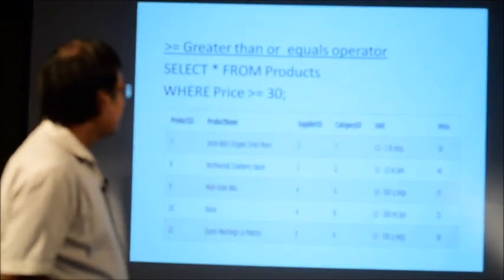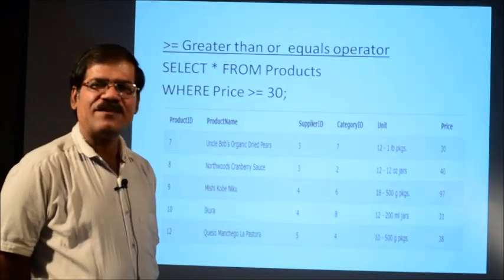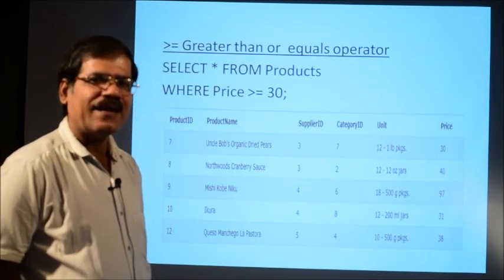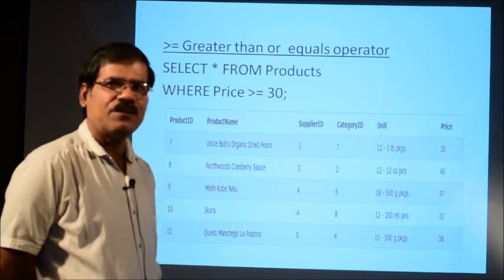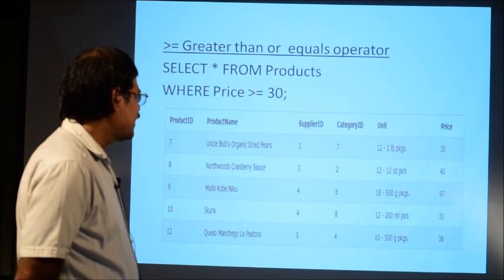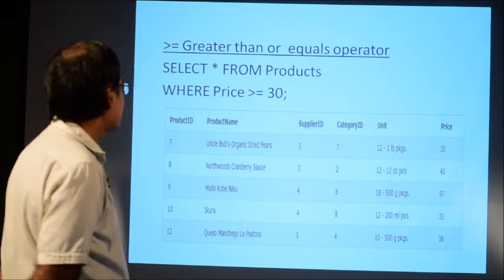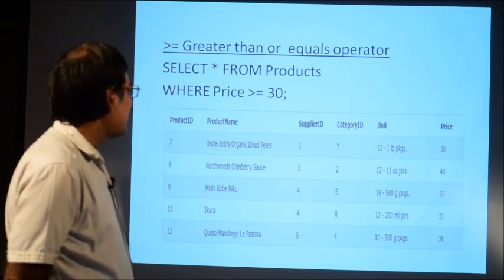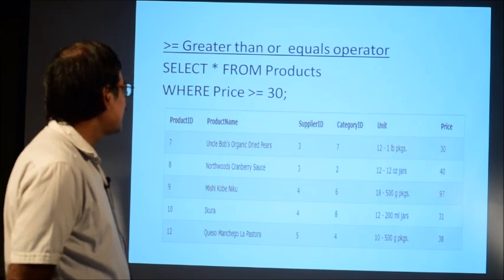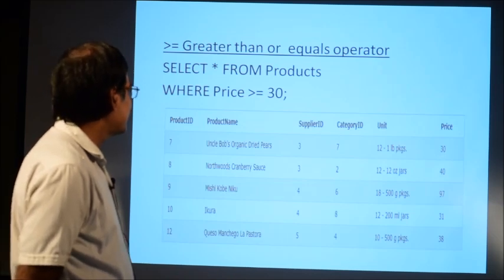So those records whose price value is equal to 30 and greater than 30, both will be selected from this table and displayed on your computer screen. Either this or this; either 30 or greater than 30.